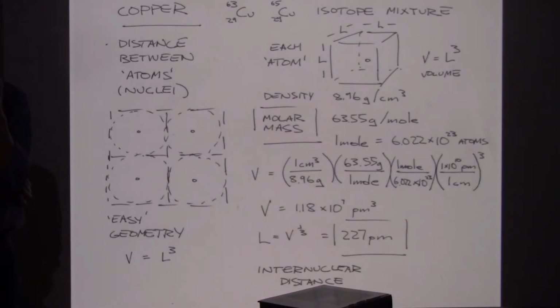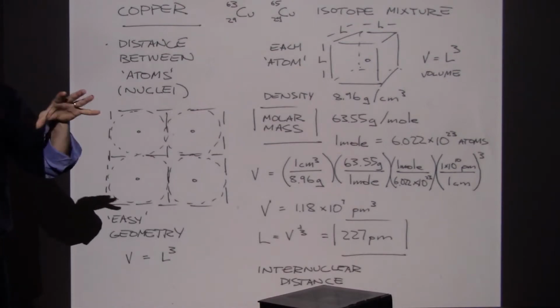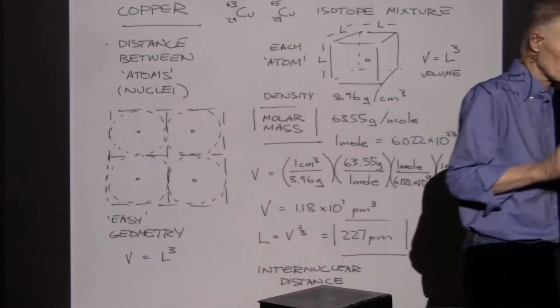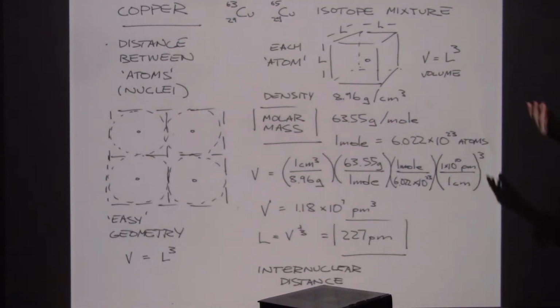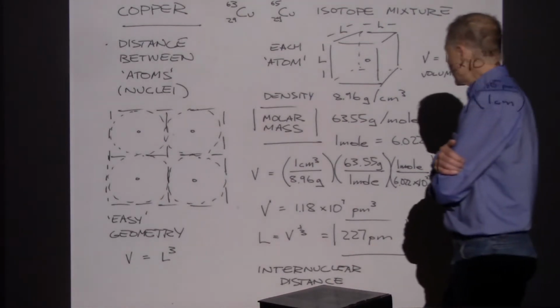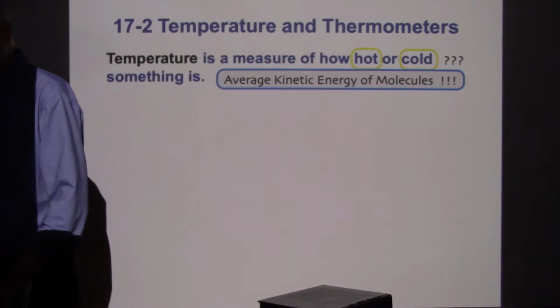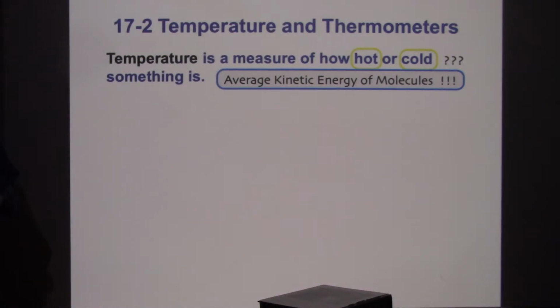So if I've got a molecule, or a metal structure of some sort, some lattice, that's a typical distance between nuclei within a molecule or a solid. So 227 picometers sounds perfectly reasonable, and that gets referred to as the internuclear distance. All right. So, a little background with atoms and molecules here.